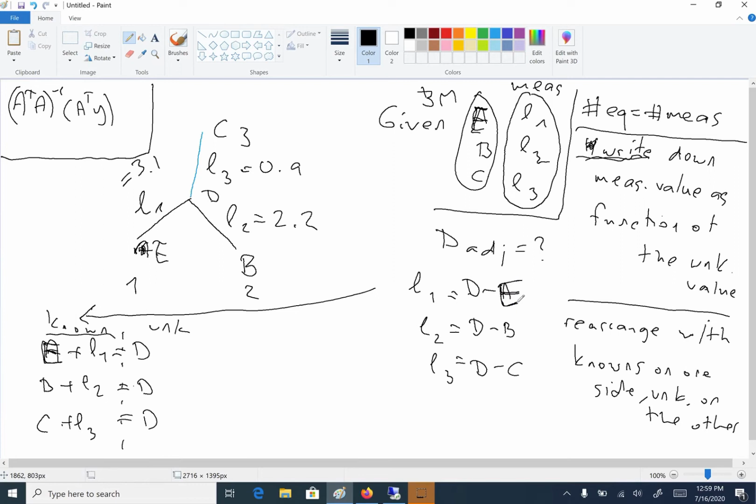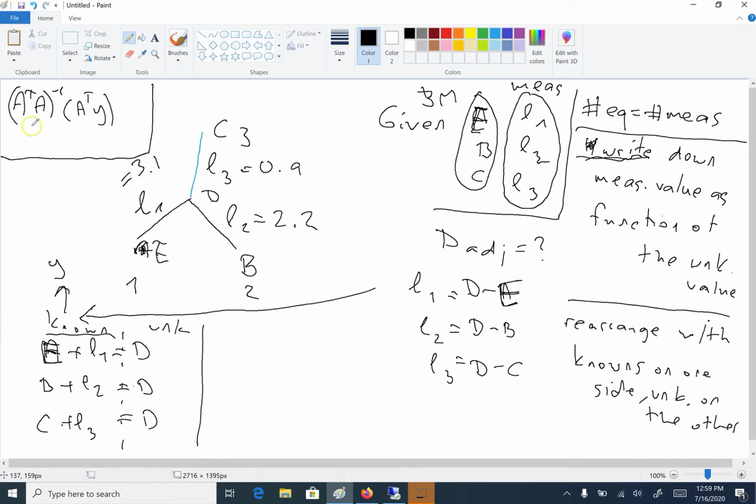So our basic solution to the least square setup is Jacobian transpose times Jacobian, inverse, Jacobian transpose times Y, where Y is the vector of the knowns. That's going to be this side, so that's going to be our Y vector.